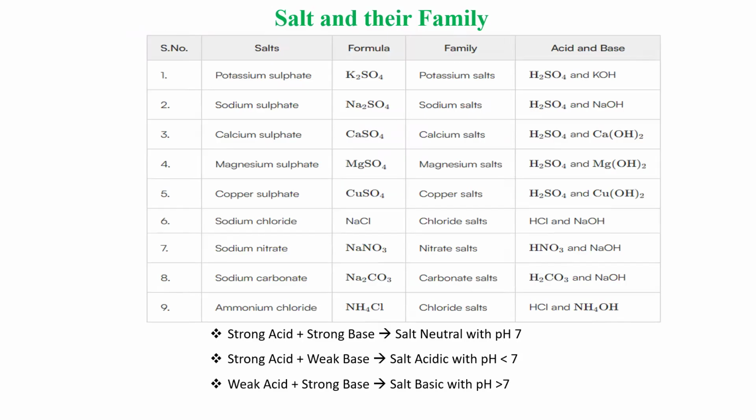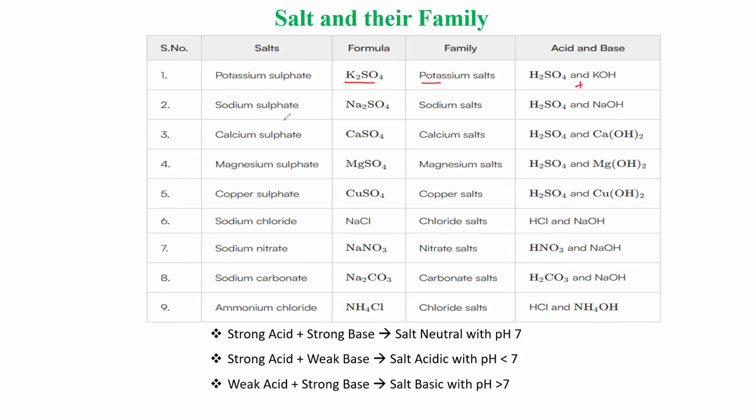Now here we are going to see the salts and their families. So how we obtain a salt, and on the basis of their reactants, their name is given. Like here we have potassium sulfate, K2SO4. It is called a salt of the potassium family. Why? Because we obtain this salt from the reaction of H2SO4 plus KOH.